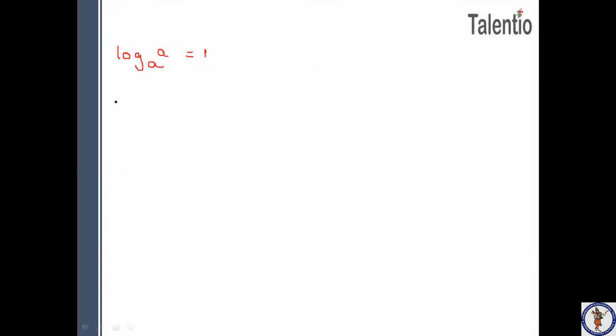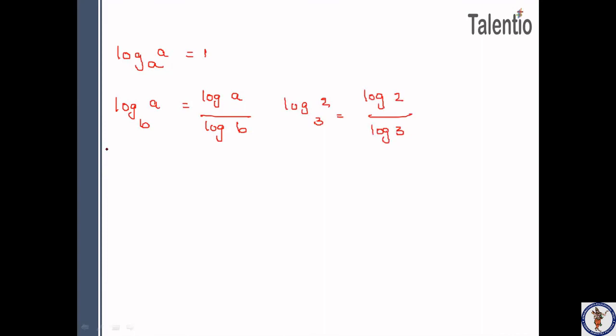Now, if it is log A base B, a different base, then it is log A by log B. For example, if you have log 2 base 3, you can write this as log 2 by log 3. Okay?